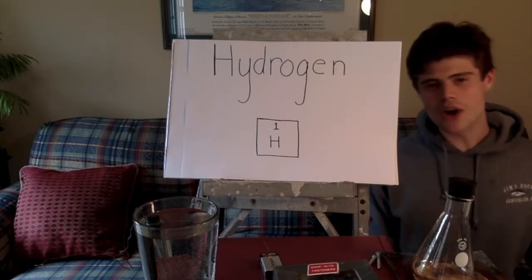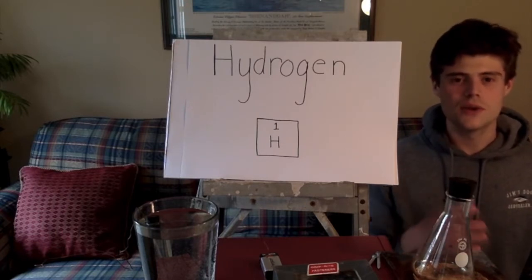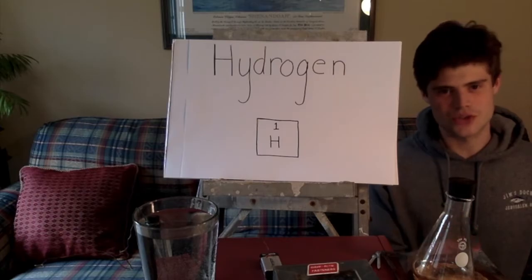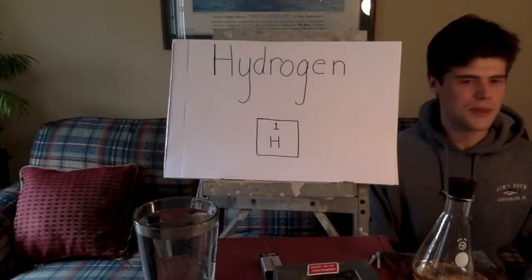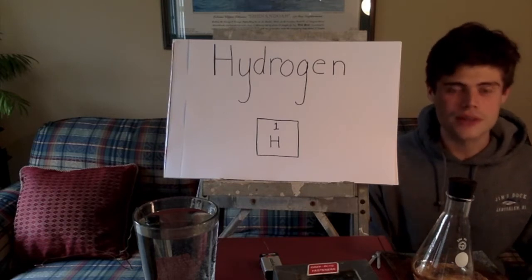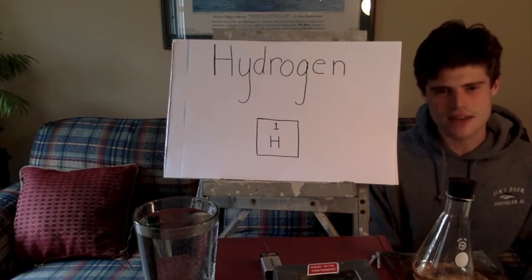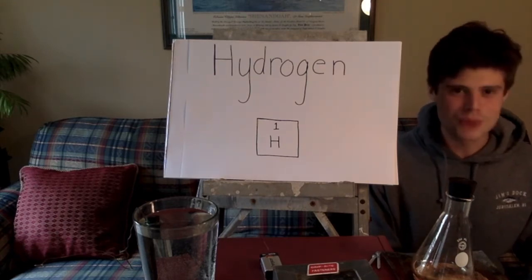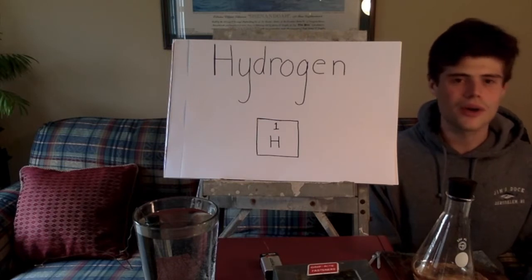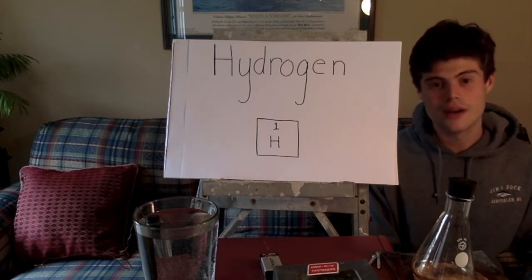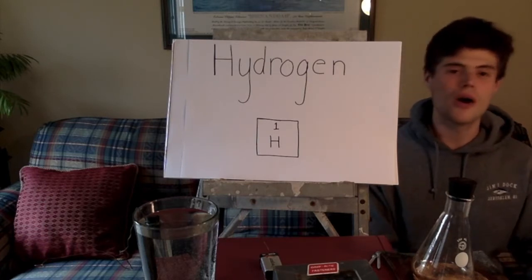and we are going to do two experiments today where we are going to isolate hydrogen. What I mean is that we're going to take material that we're more familiar with, like water, and pull out the hydrogen that's inside of it. You've probably heard before that the chemical compound of water is oxygen and hydrogen, right? H2O.